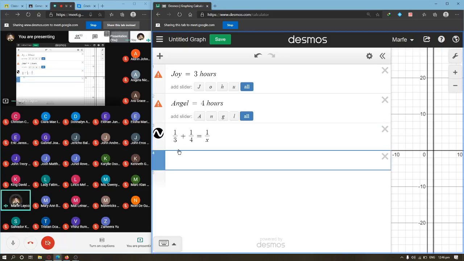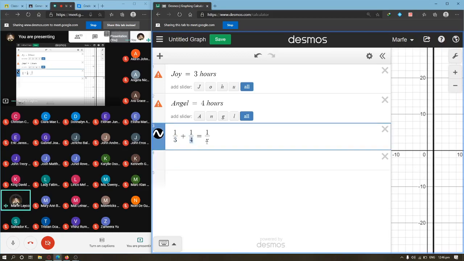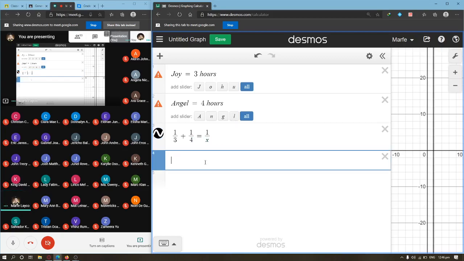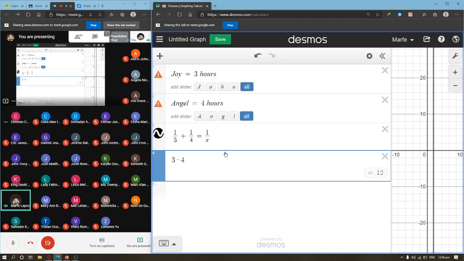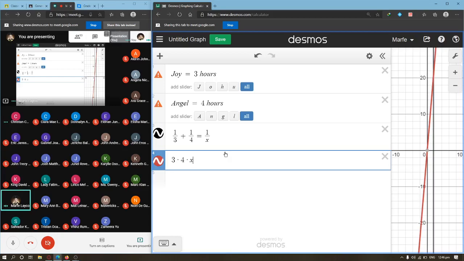So, our LCD is, since wala namang factors to mga to, maliban sa the number of variable itself and 1, kukunin natin lahat yan. So, 3 multiply by 4 multiply by x.